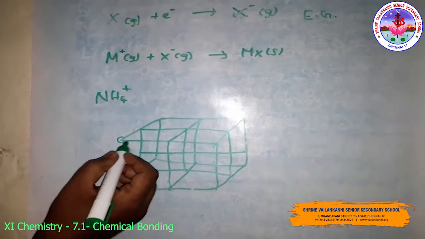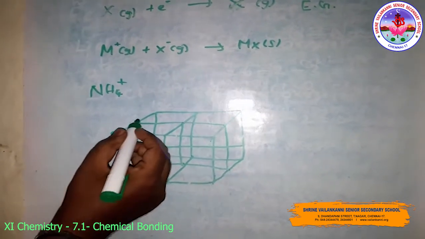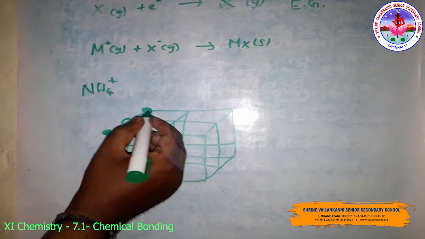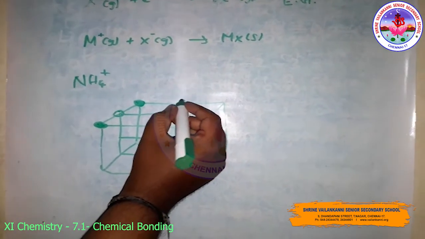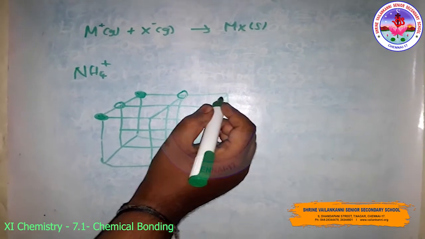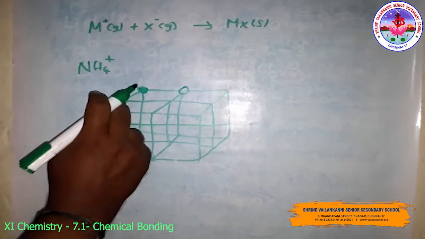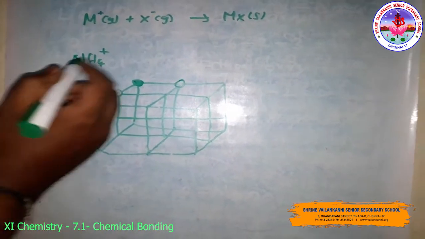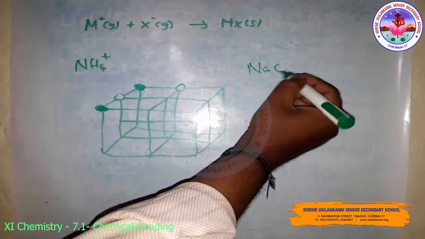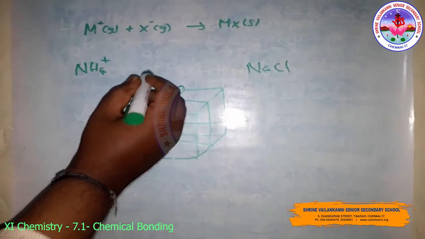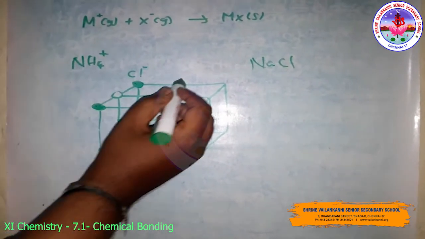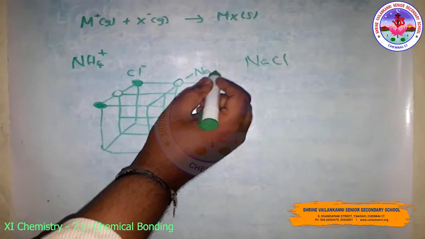Okay, see this type and this type. See here, the sodium chloride NaCl structure looks like this. This is the chlorine atom, the bigger atom size, and this is the sodium atom, so the Na plus ion.